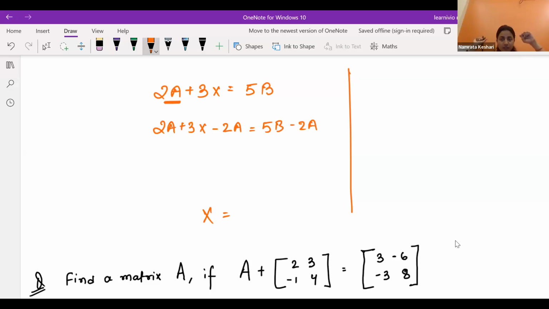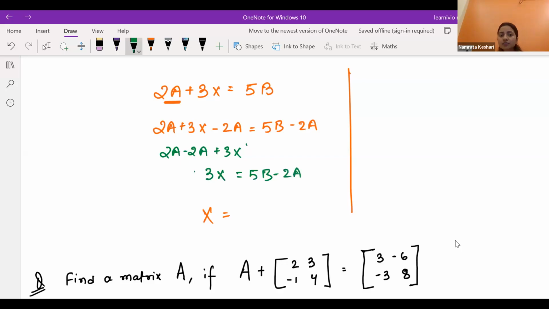Whatever is subtracted here, the same thing is subtracted there. Since matrix addition is commutative, even though this goes over here and this comes over here, it's the same thing. This is how the computer will work on matrices: minus 2A plus 3X, and here we will have just 3X equals 5B minus 2A.